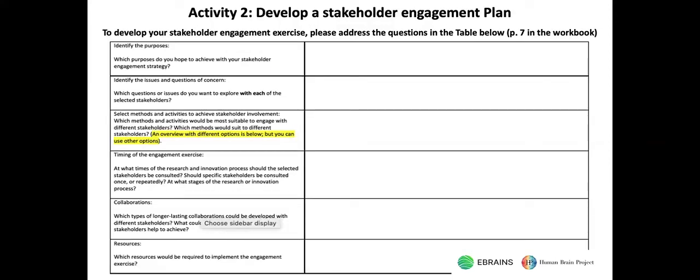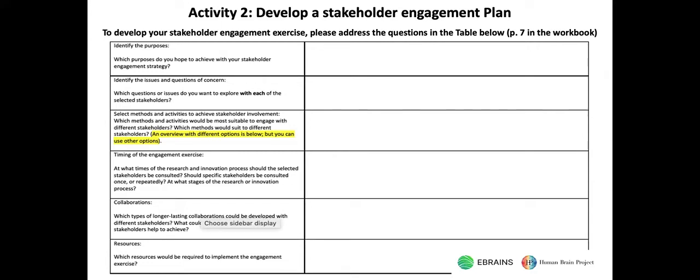Activity 2 is to develop the stakeholder engagement plan. On page 7 of the workbook, you find the following table here. In order to develop a stakeholder engagement plan, please answer the questions that are introduced here on the left column. These questions aim to provide clarity on various issues.